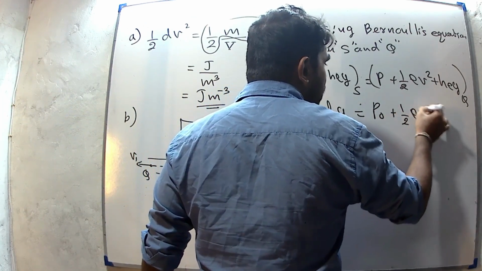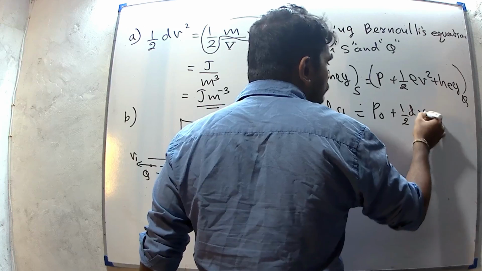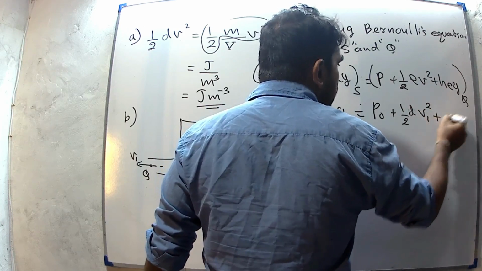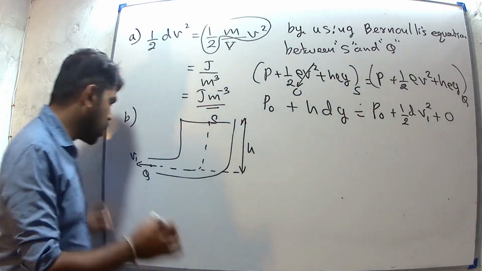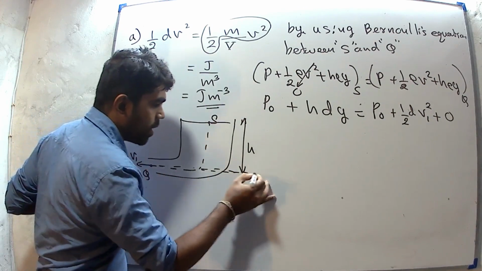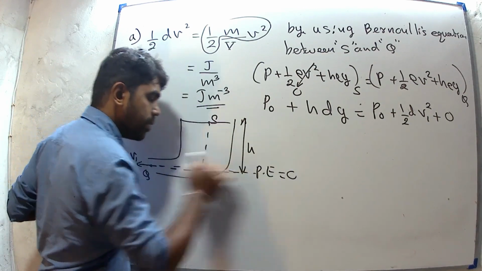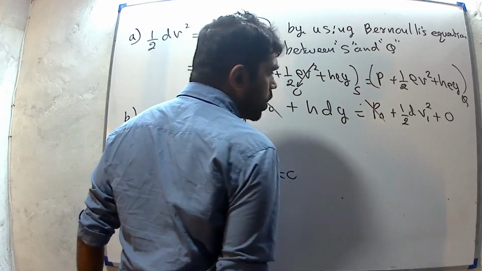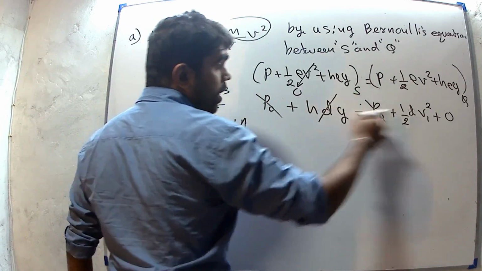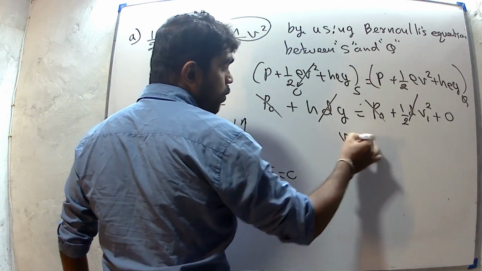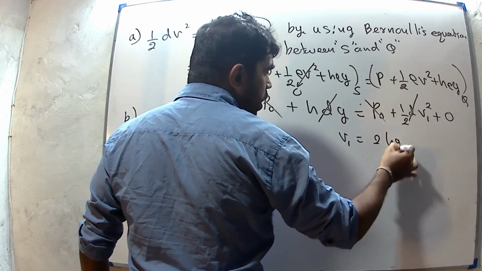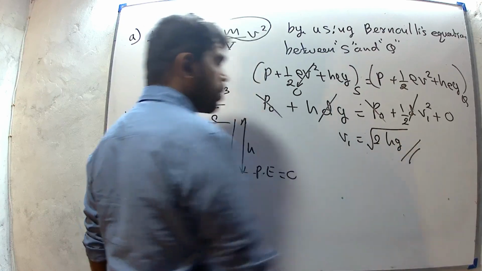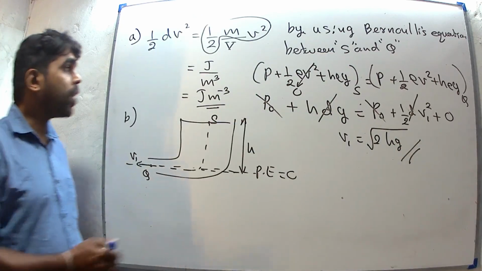Velocity v1, therefore we get half d v1 squared. The h rho g value is 0 because we can consider this level as the potential energy zero level. Now we can cancel out P naught and P naught. Then we can cancel out d and d. We get V1 equals root of 2hg. It is the answer for B part 1.